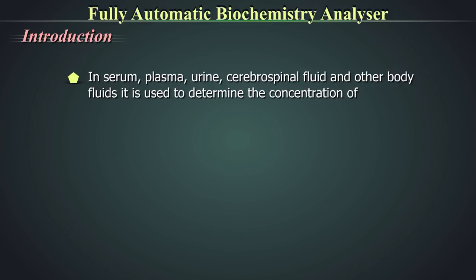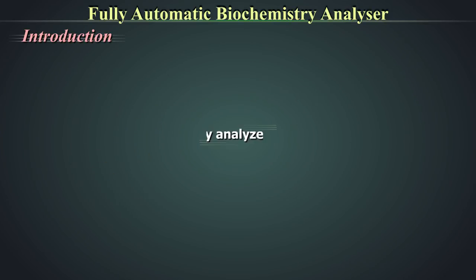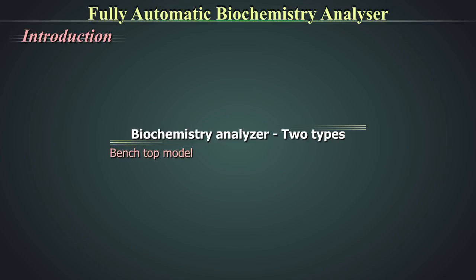They are used to determine the concentration of various biochemical analytes, metabolites, enzymes, electrolytes, drug levels, etc., in samples of serum, plasma, urine, cerebrospinal fluid, and other body fluids. Biochemistry analyzers can be of two types: benchtop model or the floor model.